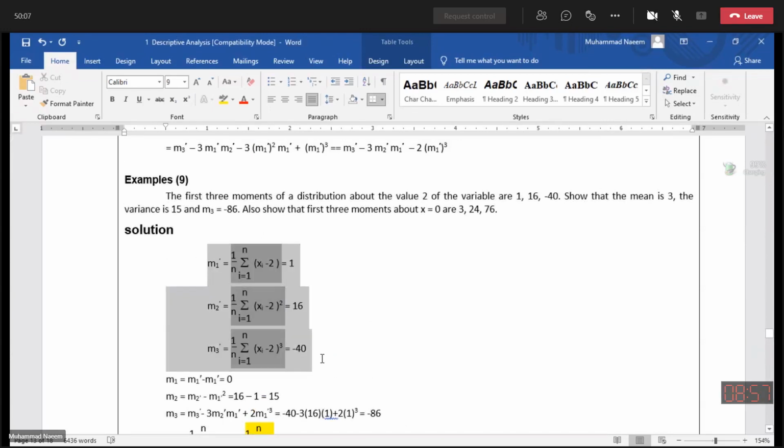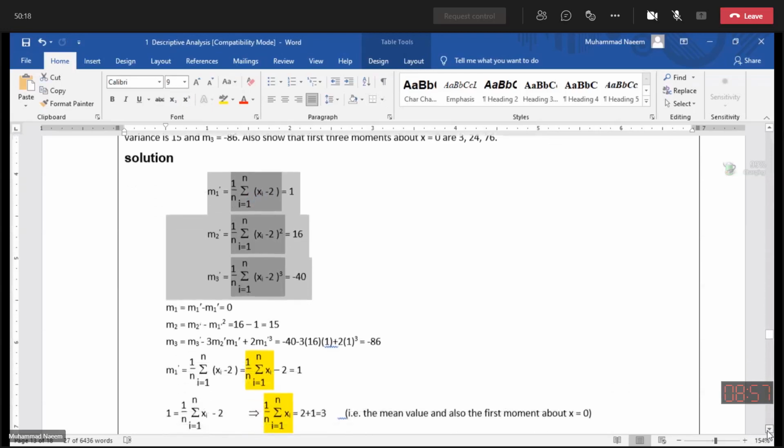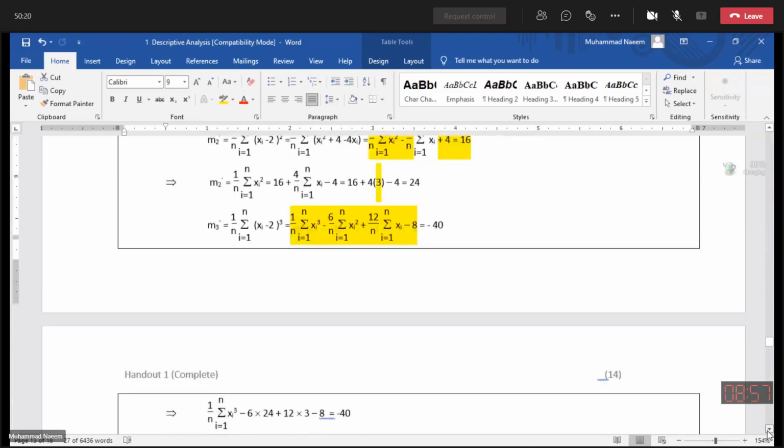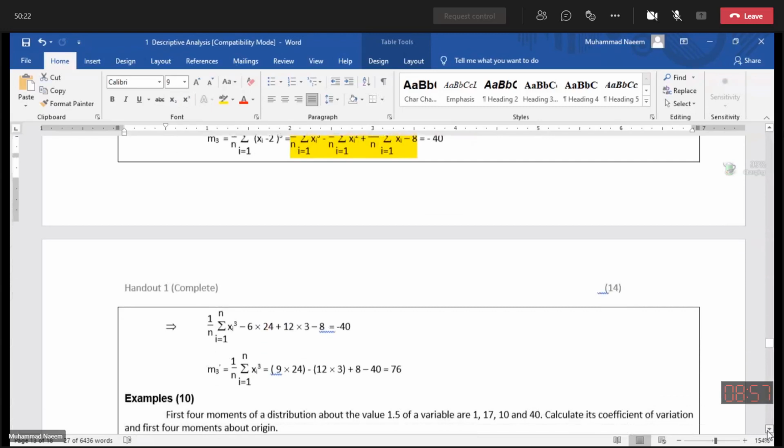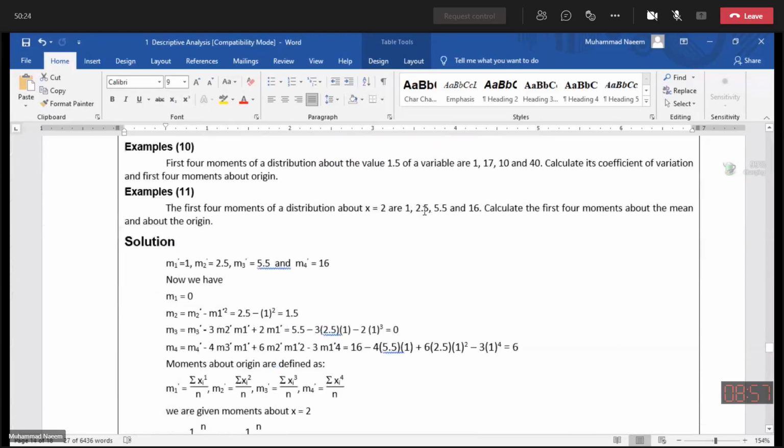We are given the first four moments like this, in which the deviations are taken with value 2: 1, 2.5, 5.5, and 16. Then proceed further, as we did in previous examples.